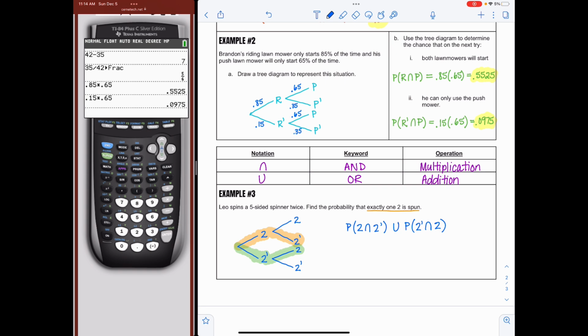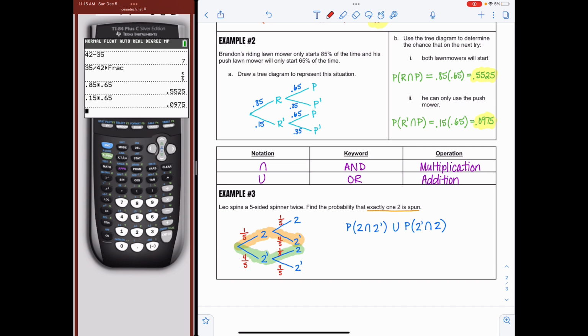So what I'm going to do now is I'm going to put my probabilities here. The probability of spinning a 2 on a 5-sided spinner is going to be 1 out of 5. The probability that you're not going to spin a 2 is going to be 4 out of 5. And it's going to be the same thing for the other one. So I'm going to have 1 out of 5 spinning a 2, 4 out of 5 not spinning a 2.